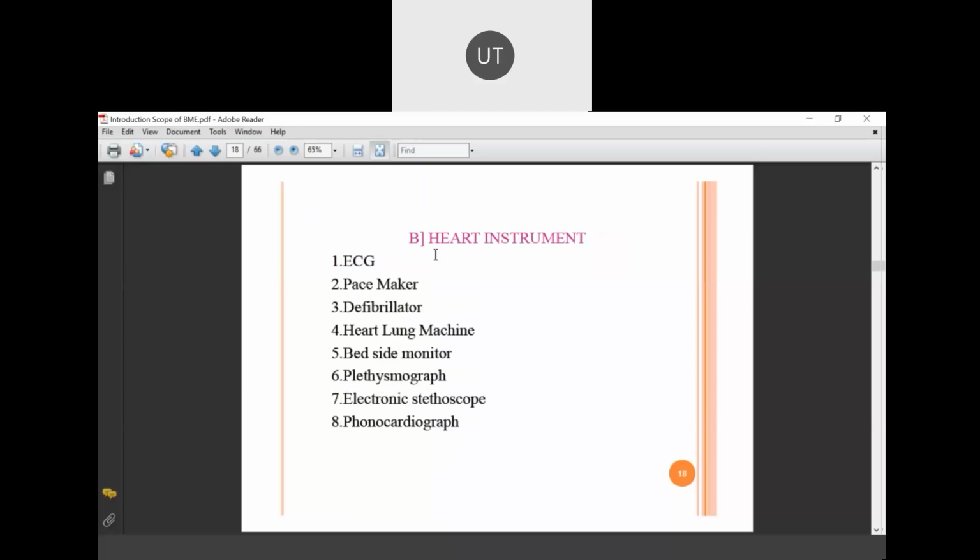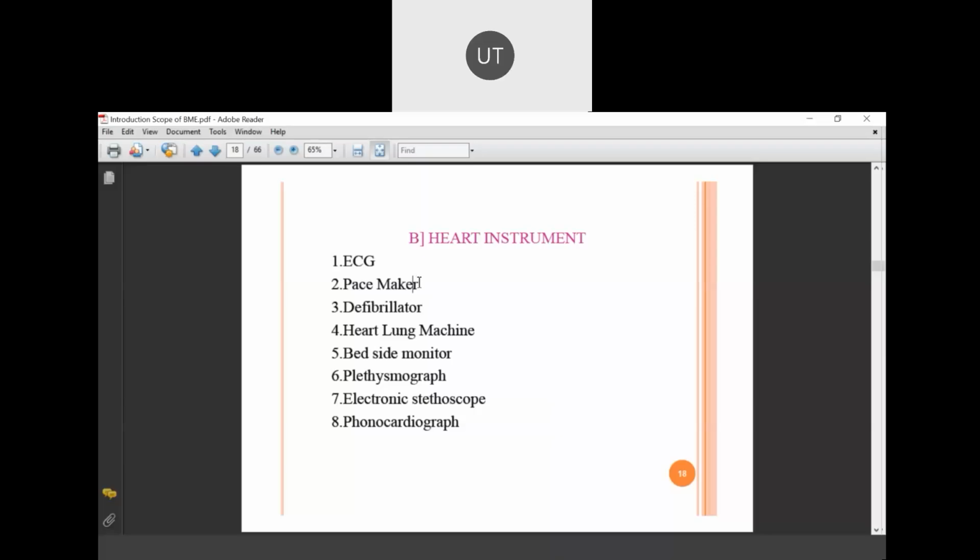Then the second functional organ is the heart, and with respect to the heart, what are the basic instruments that are used to measure the heart activity? Maybe the functioning of the heart, like the beating of the heart, how the cycle is repeated sequentially. So that is the ECG, electrocardiogram. That's what we have studied.